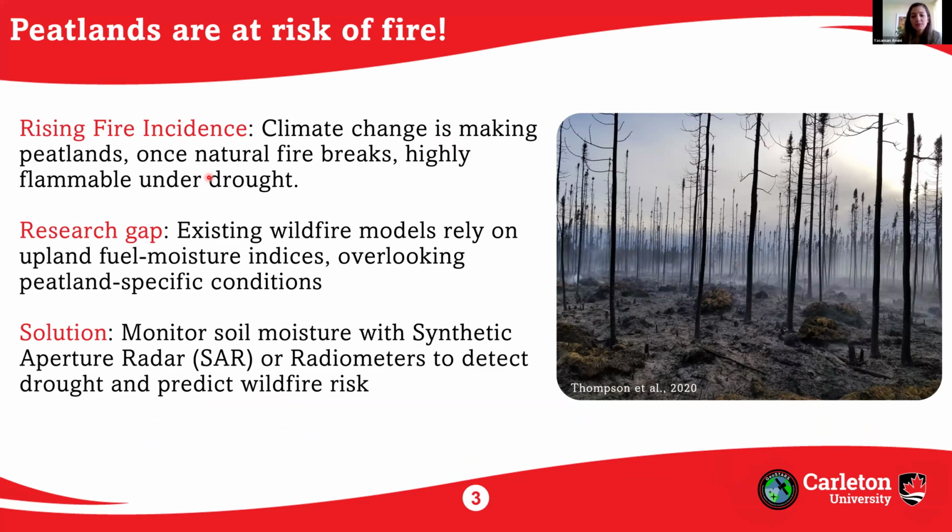The problem is that most wildfire models were not built for peatlands. They use fuel moisture indices designed just for upland areas, which don't really capture peatland conditions. So we need to monitor peatland moisture better. And to do that, we are using SAR and radiometer to detect drought and predict wildfire risk.